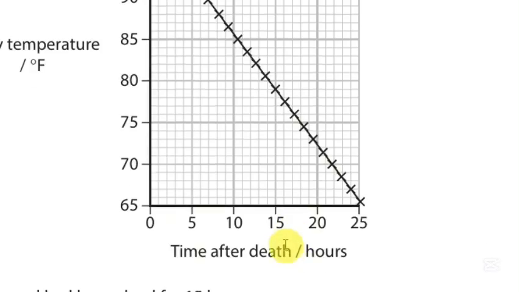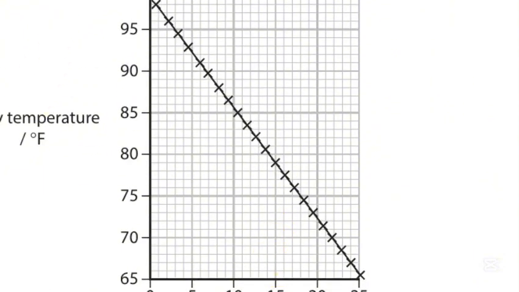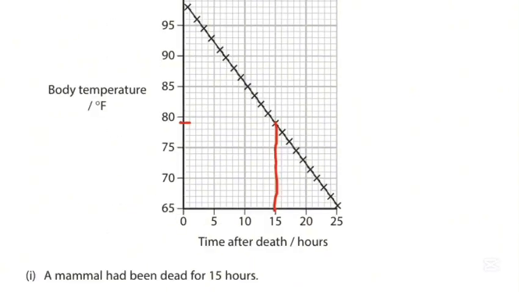When the time of death was 15 hours, the body temperature was this. This is 1 unit, so 75, 76, 78, 79. So we can go ahead with the calculation now.